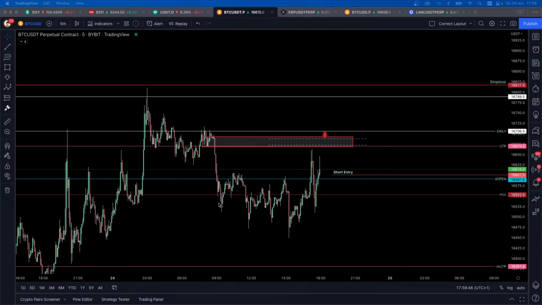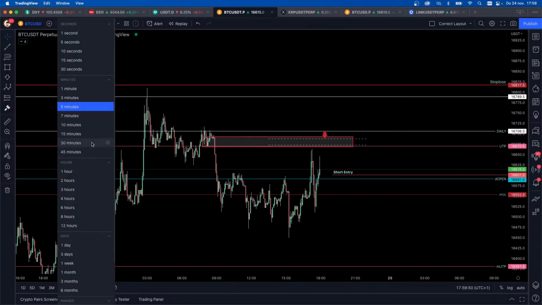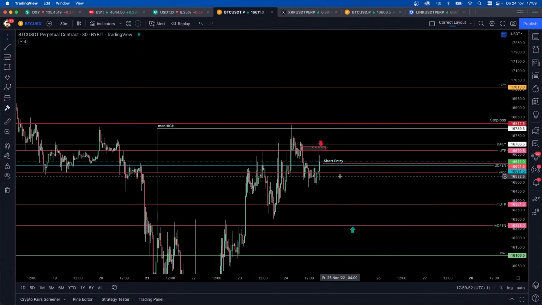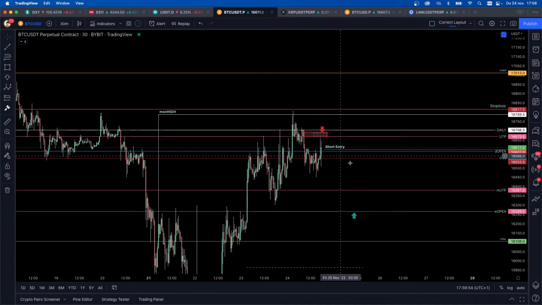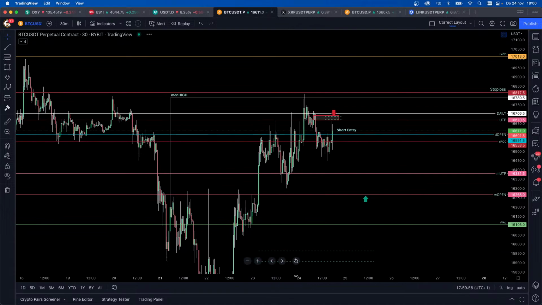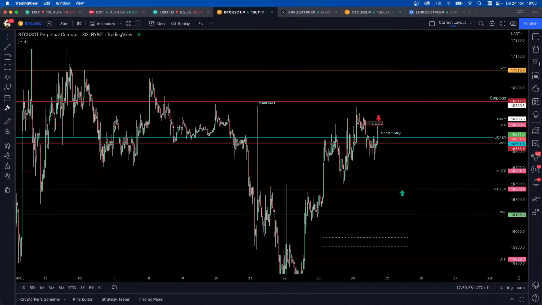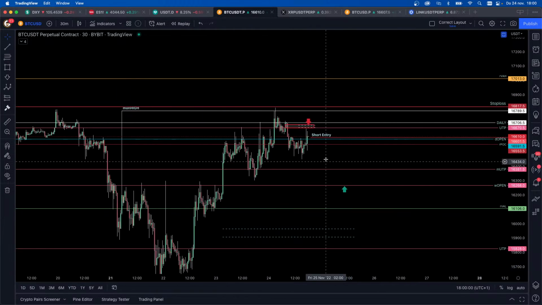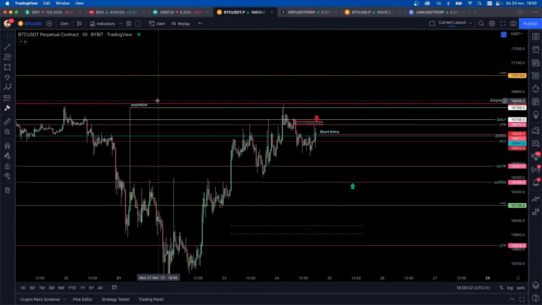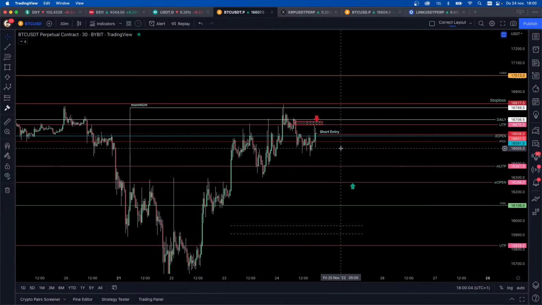Now it's like your most difficult period of time, because we're at a level with a lot of resistance. You do have an SFP from the highs. You still have the golden pocket region.